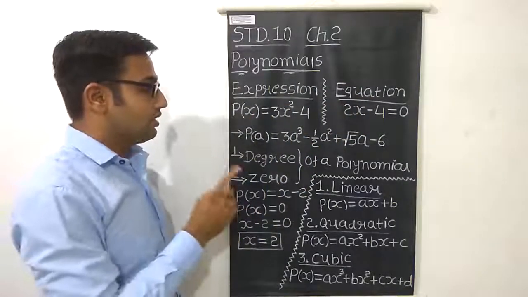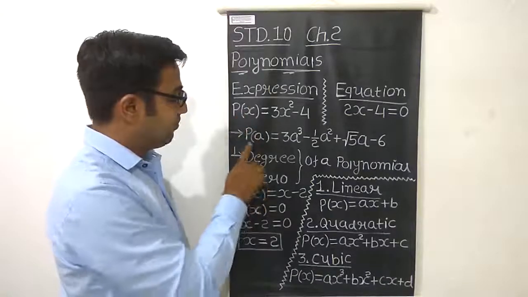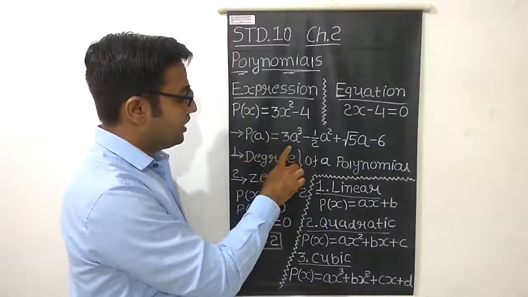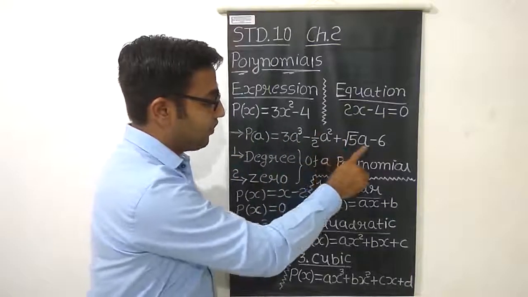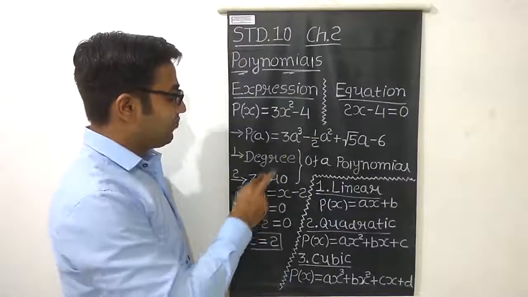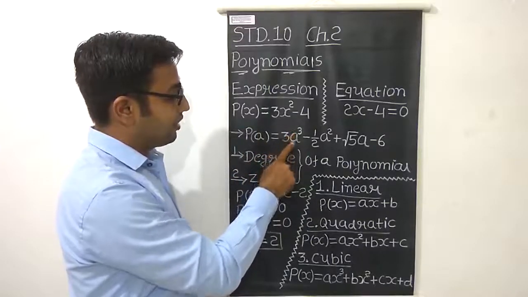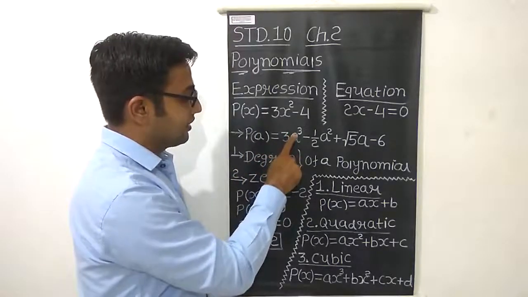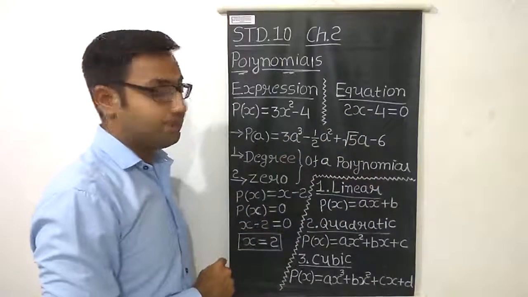Another example of a polynomial is p of a is equals to 3a cube minus 1 by 2 a square plus root 5 a minus 6. We can see here that the power of the variable is continuously decreasing: 3, 2, 1 and 0.